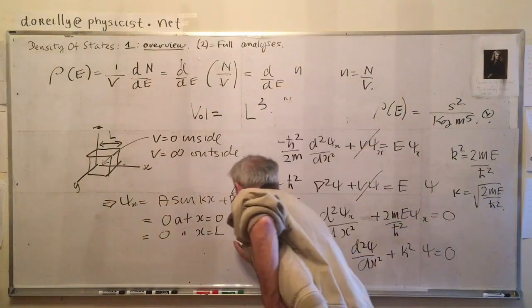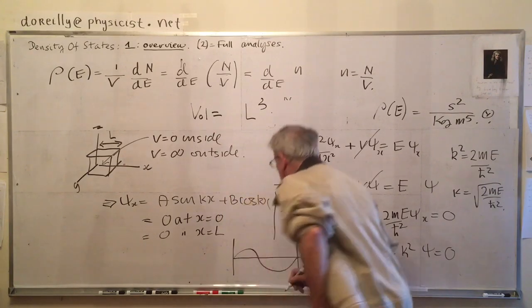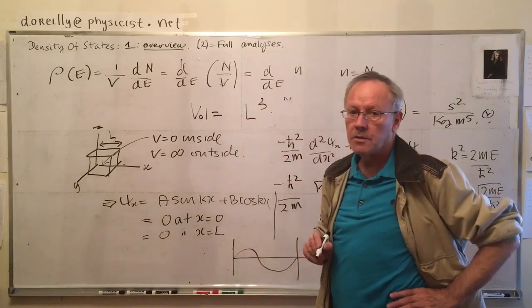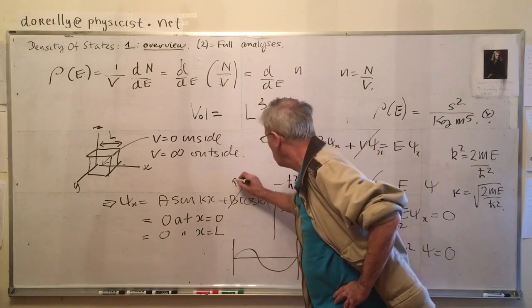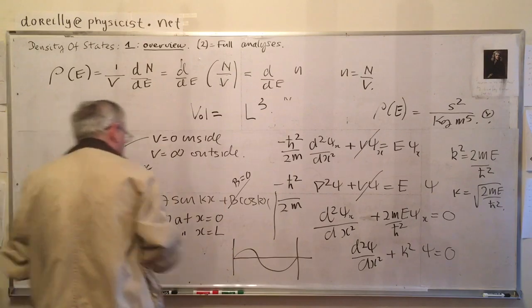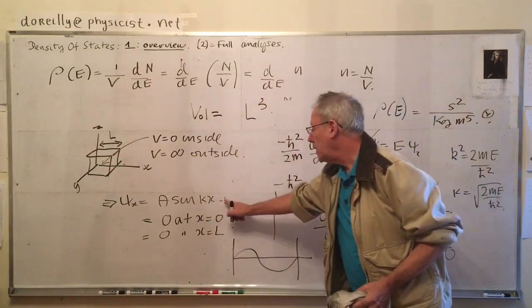The sine function obeys that. That's what sine looks like. Cosine does not look like that. It begins as cos of 0 is 1. So we throw away this part. B is 0. Okay, so that's our solution in the x direction.